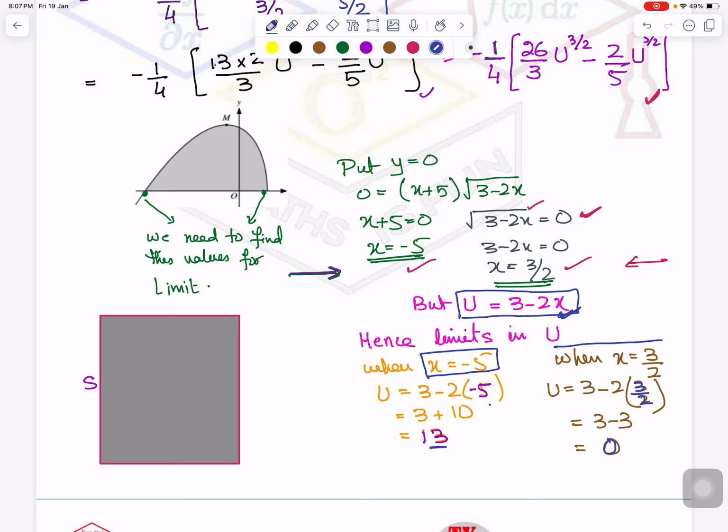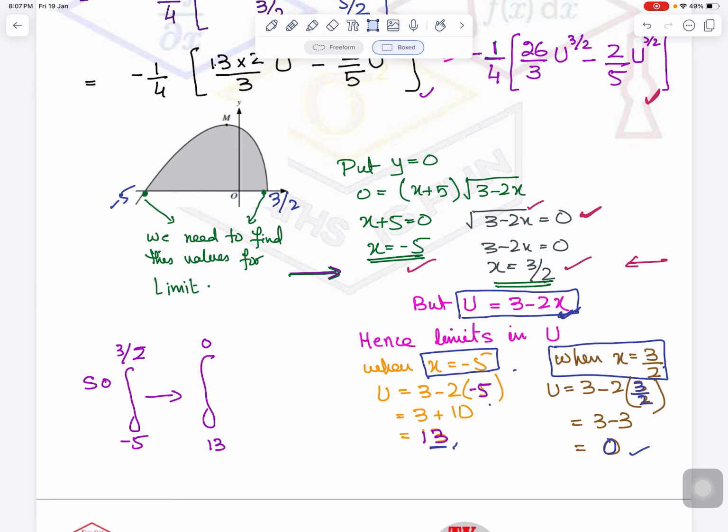Similarly, I will plug in x equals 3 upon 2 and I will get the value of u. So the limits were minus 5 to 3 upon 2. Minus 5 is giving me 13 and x equals 3 upon 2 is giving me 0. So these limits will become 13 to 0.